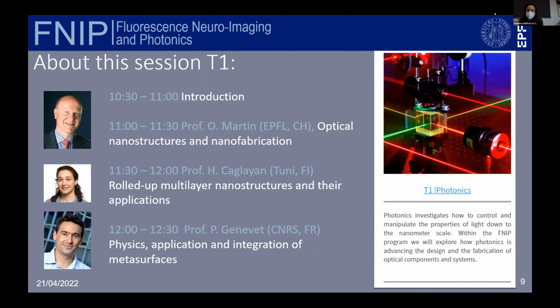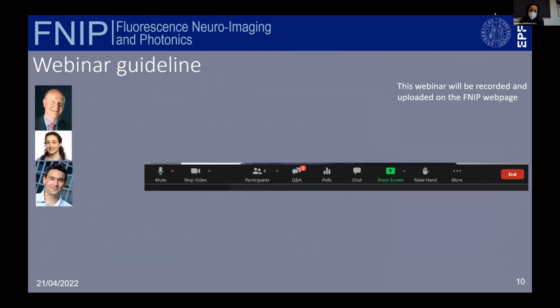Then we will have Professor Kaglian from Tampere University in Finland, and she will talk about rolled-up multi-layer nanostructures and their applications. And finally, Professor Genevet from France, and he will talk about physics, application, and integration of metasurfaces.